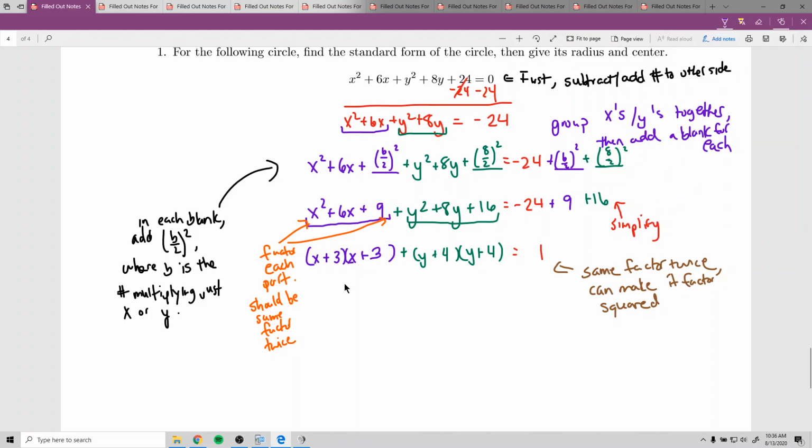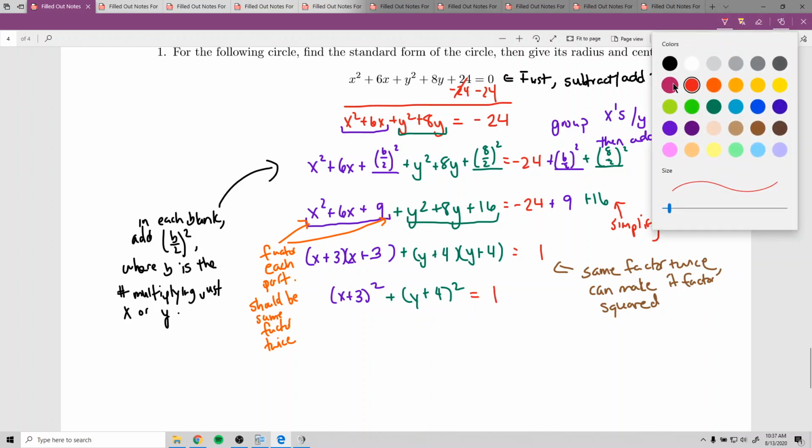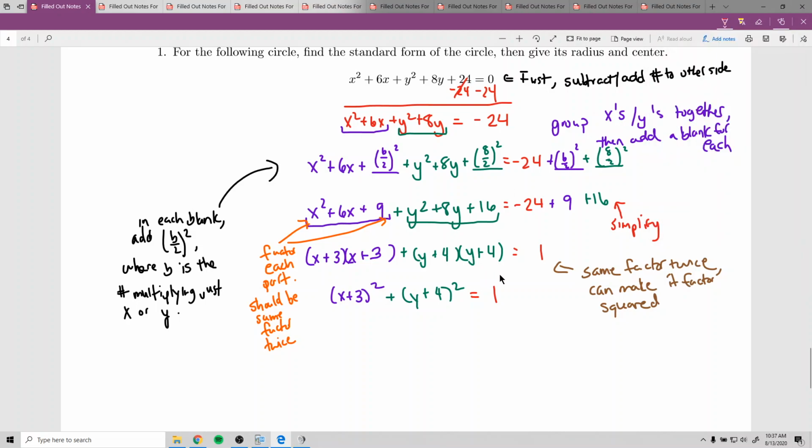So x plus 3 times x plus 3 is x plus 3 squared. And then plus y plus 4 times y plus 4 is y plus 4 squared equals 1. The right side is simplified. And that is the standard form of the circle. And it looks exactly like how it's supposed to look. X minus h squared plus y minus k squared equals r squared.